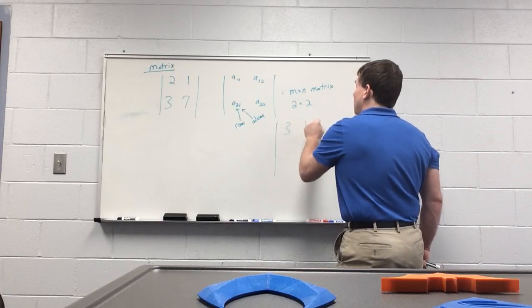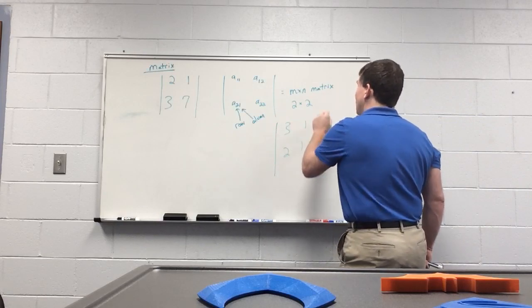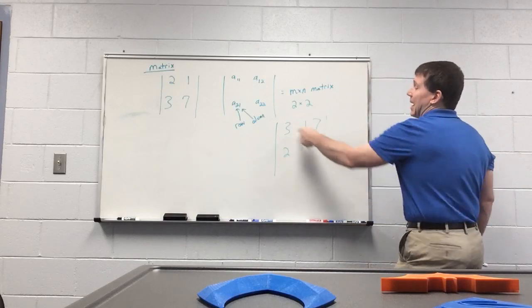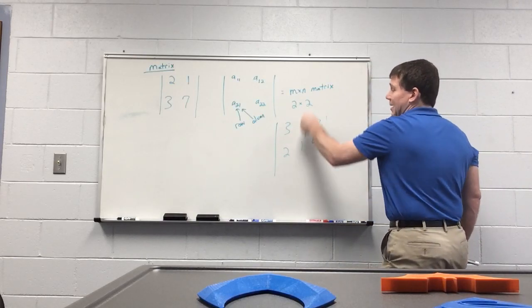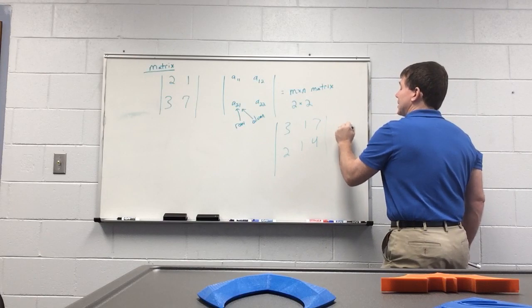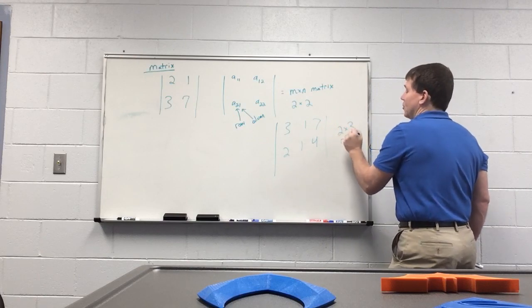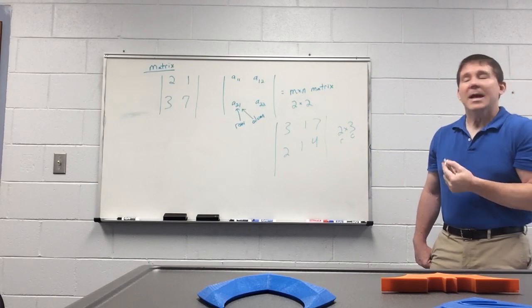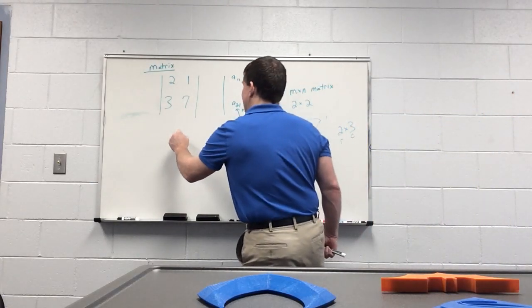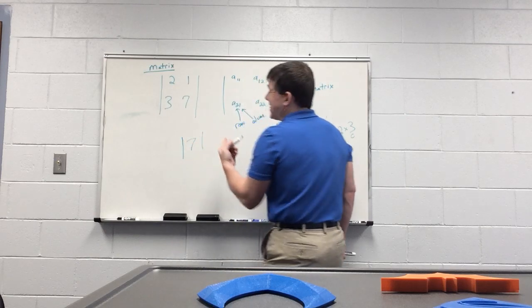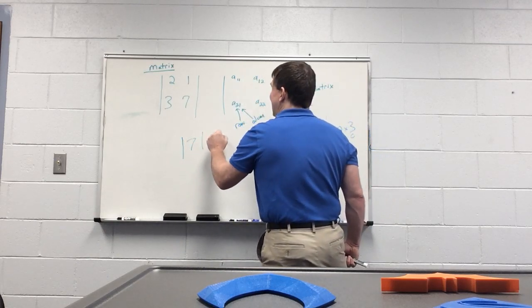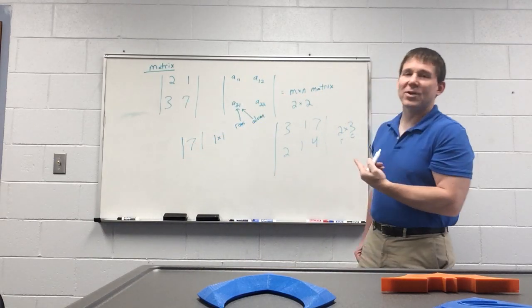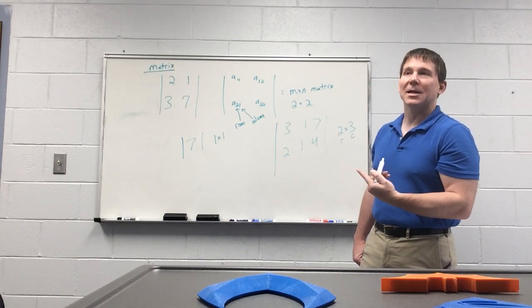I could have 3, 1, 7, 2, 1, 4. Now I have 2 rows and 3 columns, so this is a 2 by 3. And you can even have, just to make it as easy as possible, a 1 by 1, which we really just think about as a scalar.